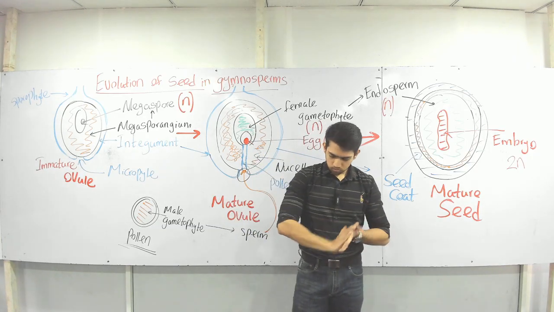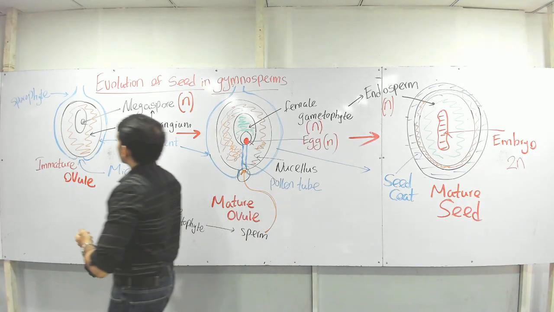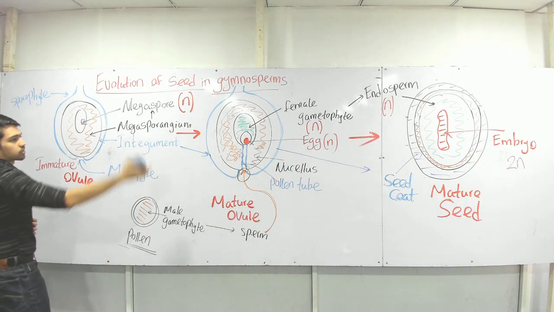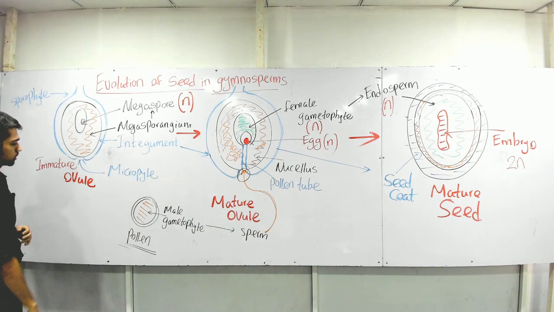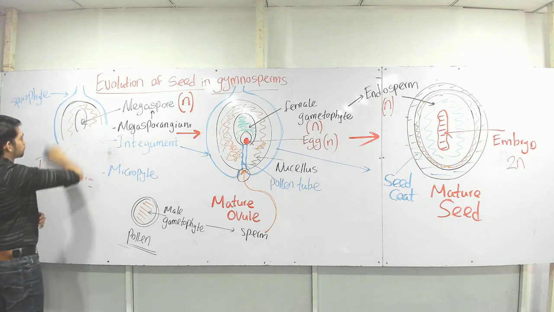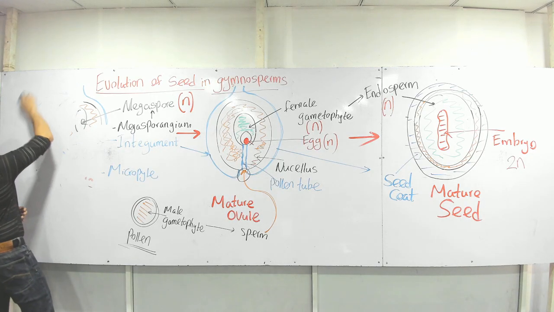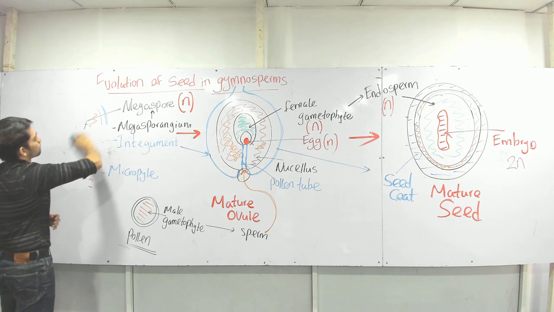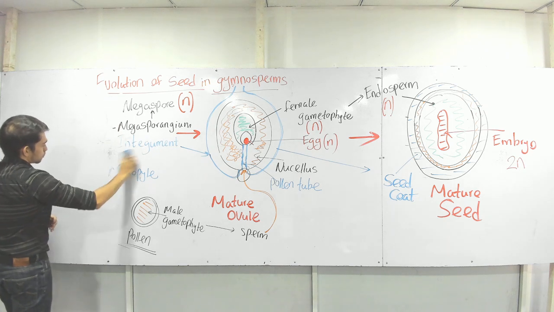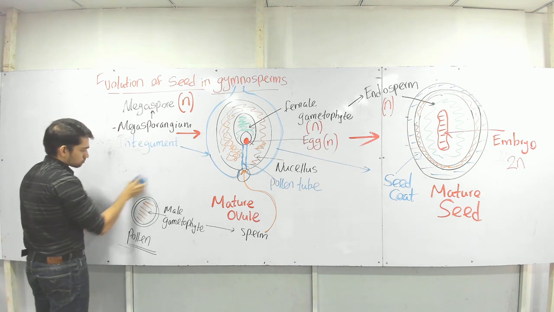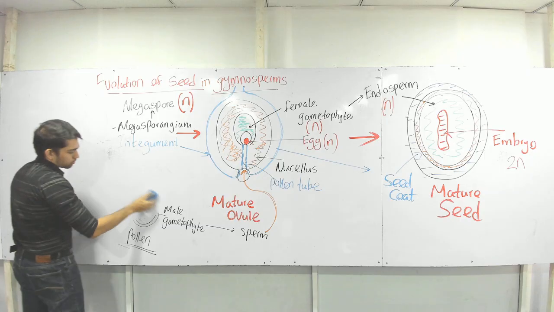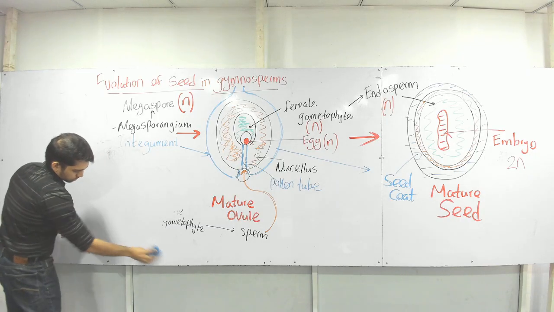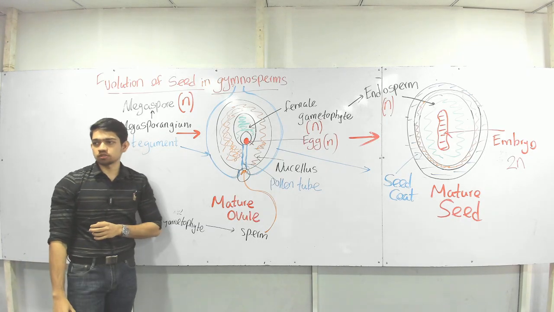Okay, let's move on to the example for this gymnosperm life cycle, that is cycus. Cycus, as I told you, is very weird. To start with, cycus has two sporophytes.